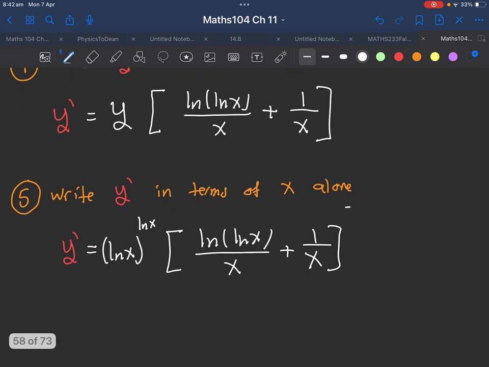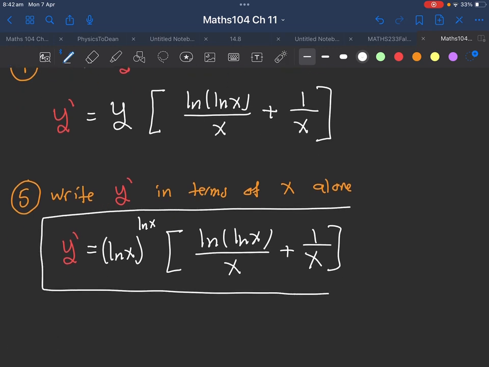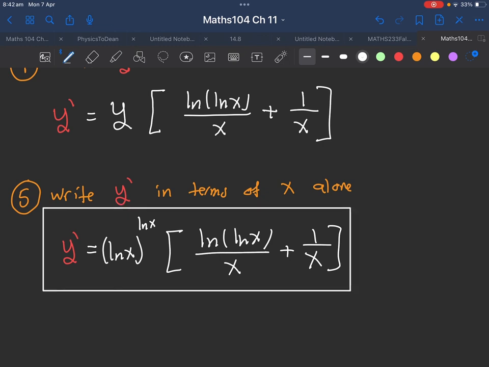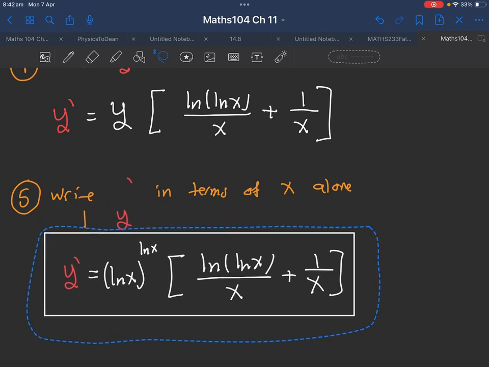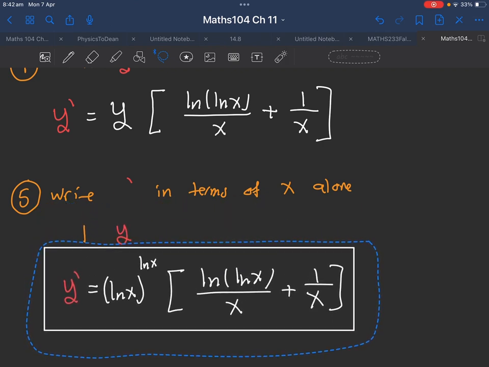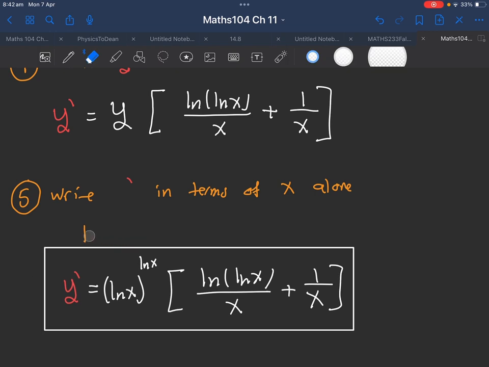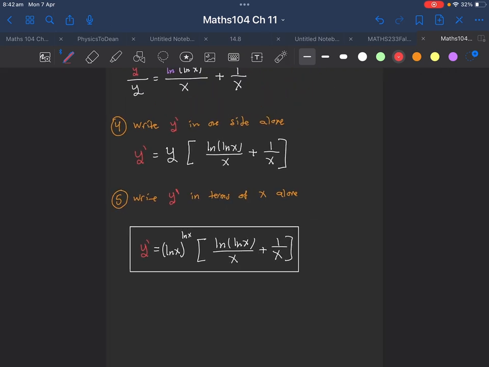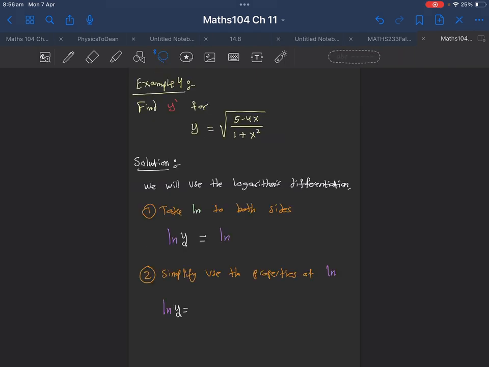Remember, y in the question was only written that way. And that's the answer to the question here.